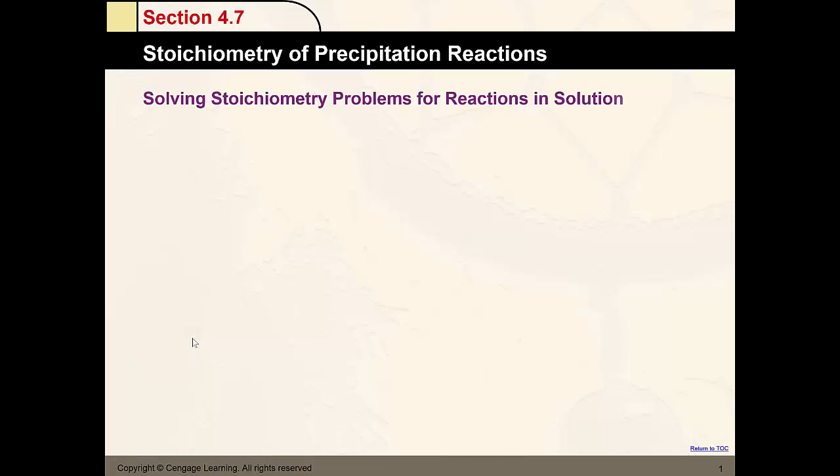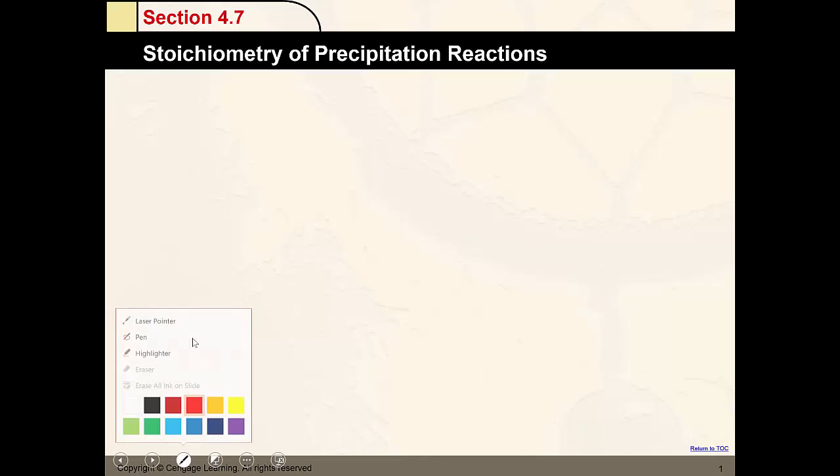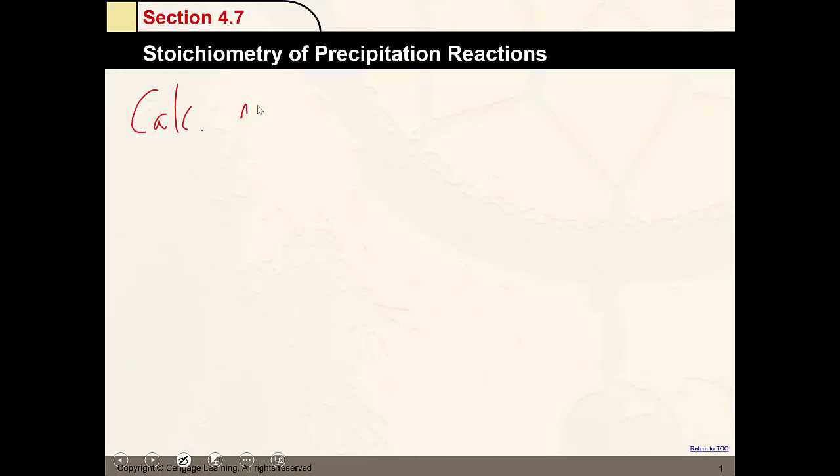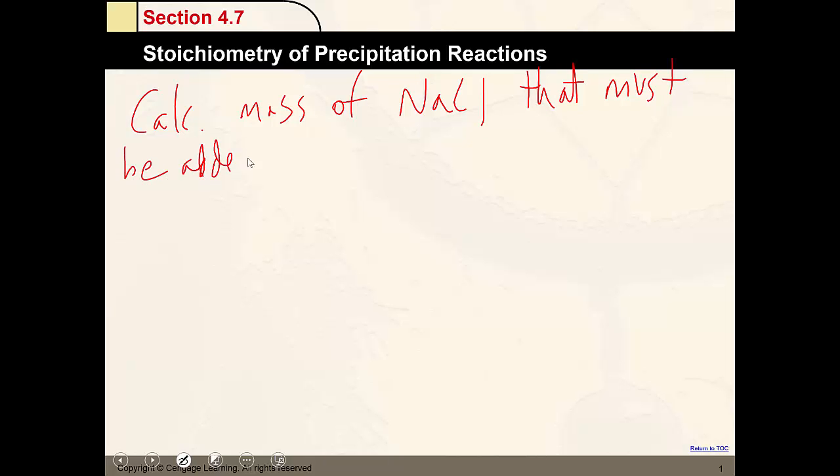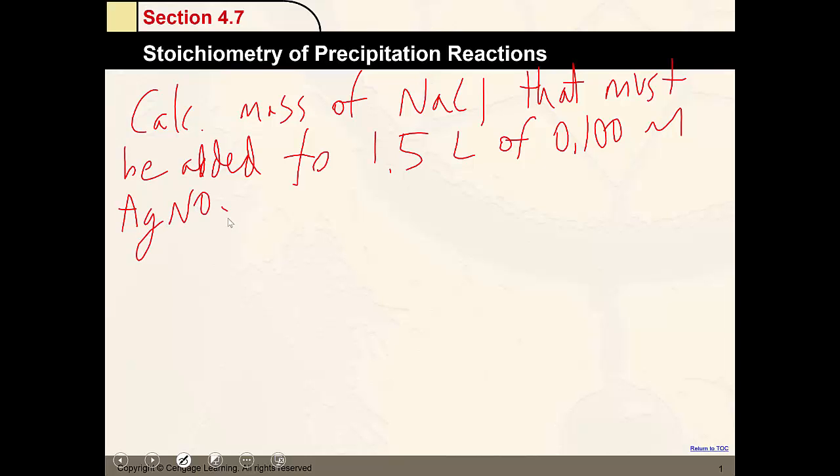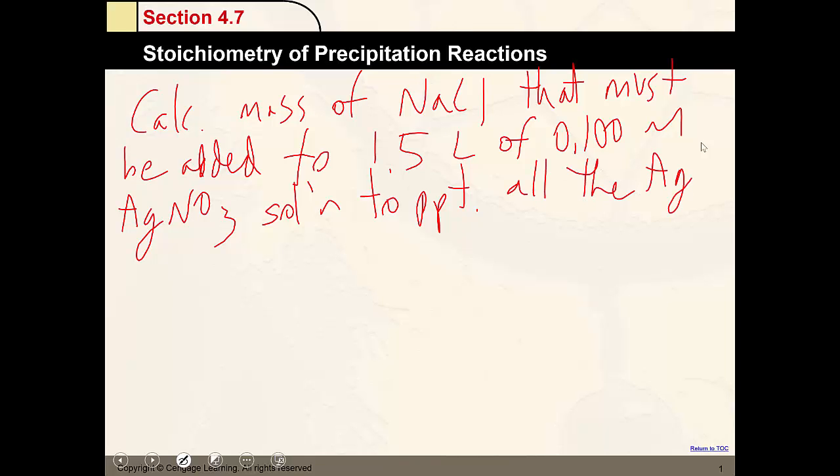We want to calculate the mass of sodium chloride that must be added to 1.5 liters of 0.1 molar silver nitrate solution to precipitate all the Ag+ ions.